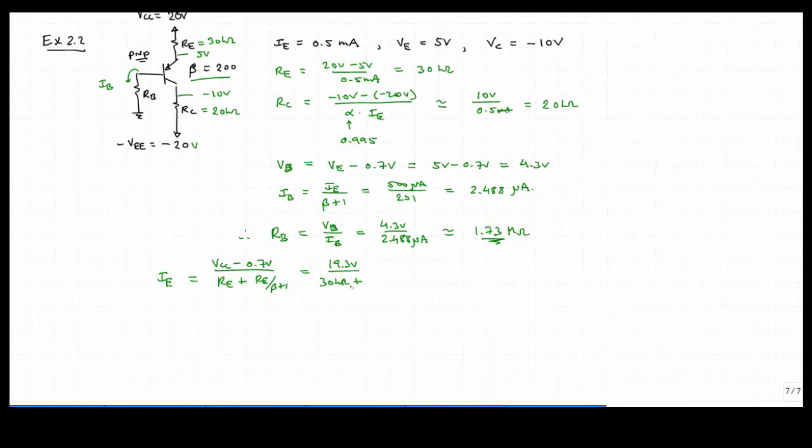So we're going to divide that by 201. We get 8.6. We add that to 30, and then we take that and divide the 19.3, and we get 0.4999 milliamps. So that checks out.